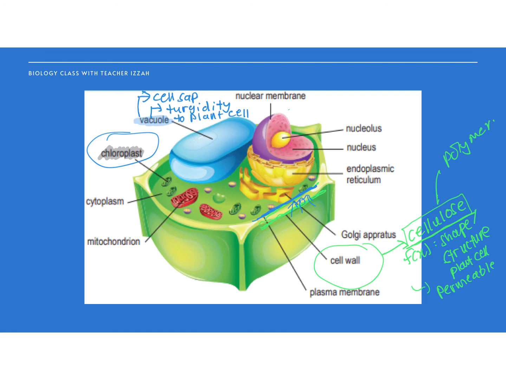The plant cell can be turgid because of the presence of a big vacuole. The big vacuole inside the plant cell gives turgidity to the plant cell. When it has enough water, it can be turgid, segar.